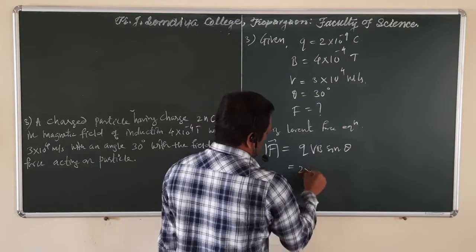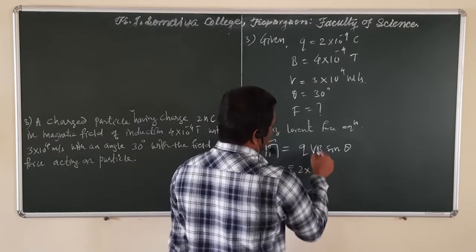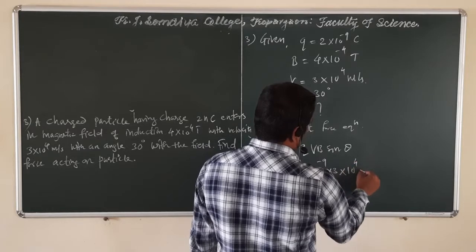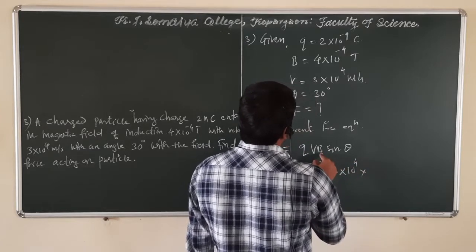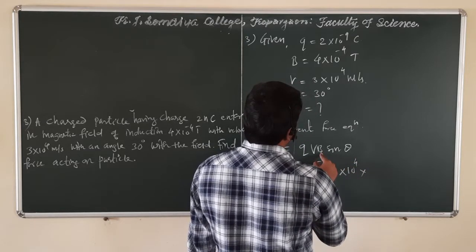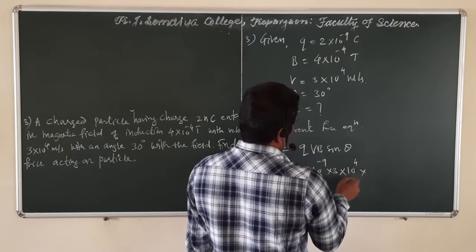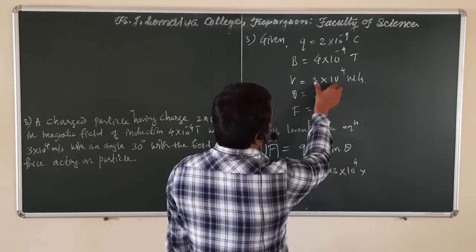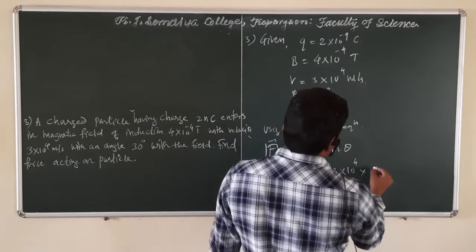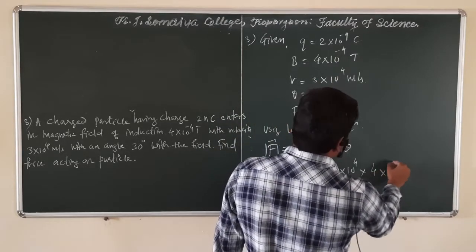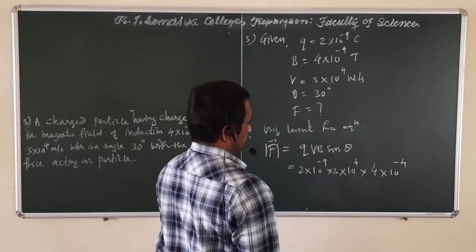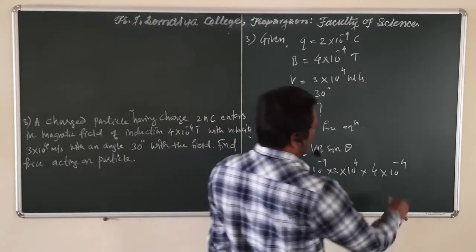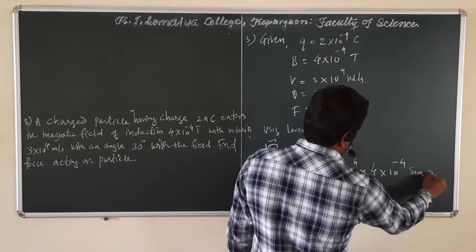Q is 2 into 10 raised to minus 9, V is 3 into 10 raised to 4, B is 4 into 10 raised to minus 4. Okay, and multiply by sine 30.